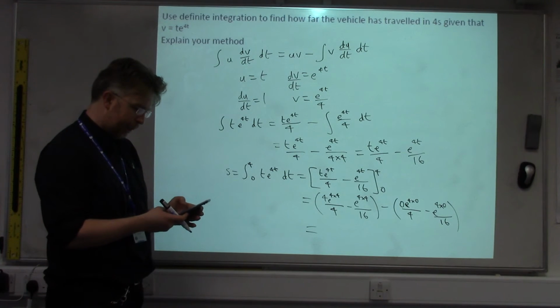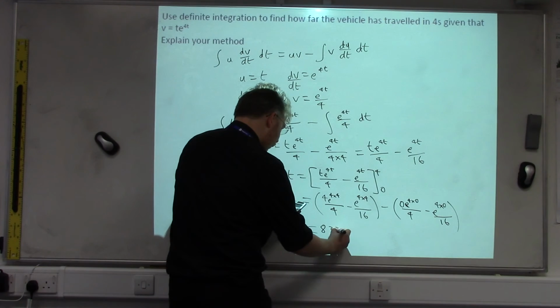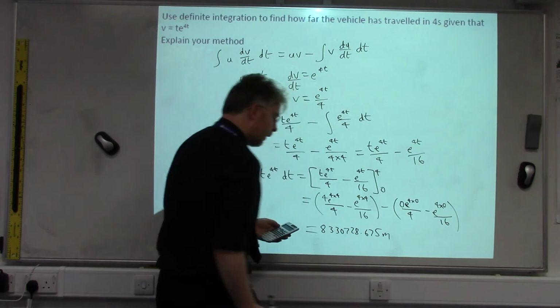Close final bracket. We get 833,072.8 metres.